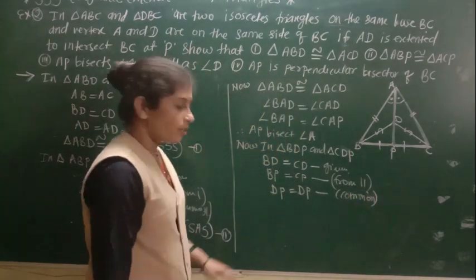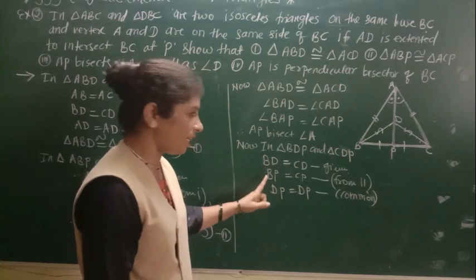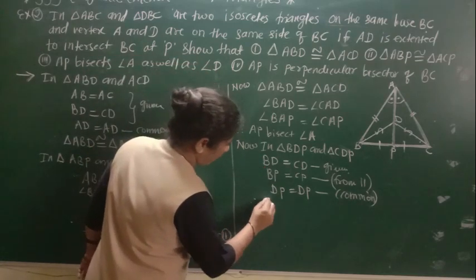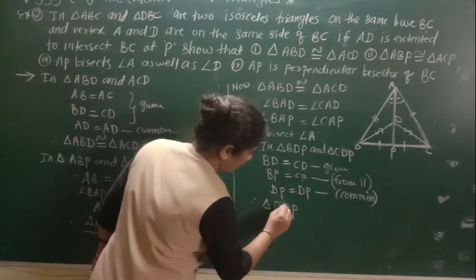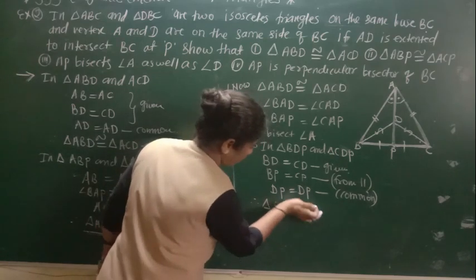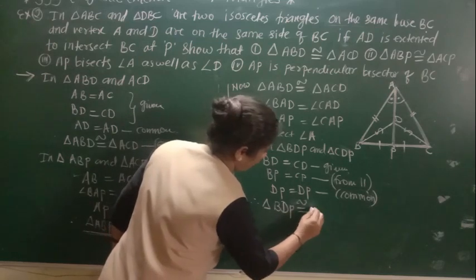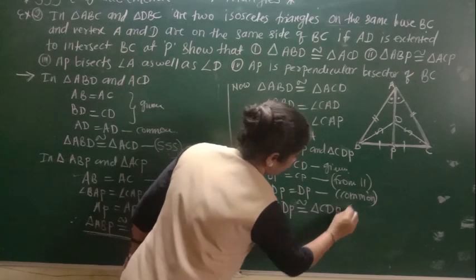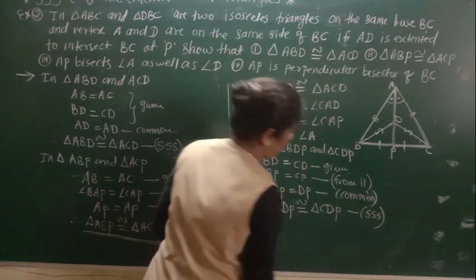Okay, so here these two triangles are congruent. By which criteria? SSS criteria. So we will write here: triangle BDP is congruent to triangle CDP by SSS congruence criteria.